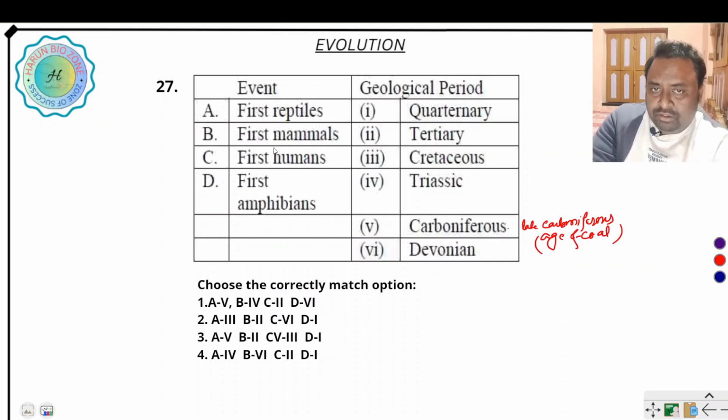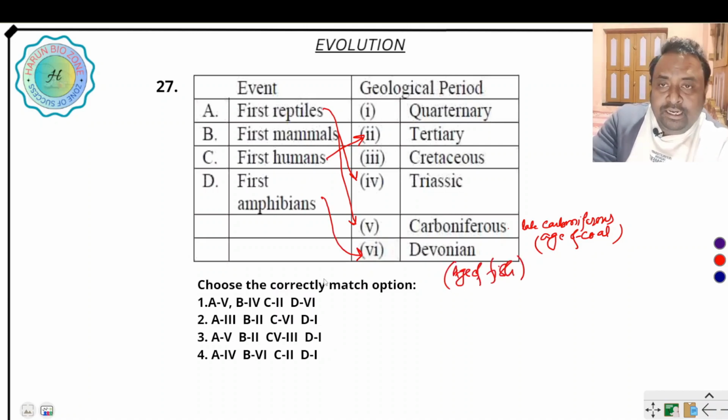First mammals appear in Triassic period. First humans appear in Tertiary period, and first amphibian appeared in Devonian. Devonian is also called age of fish.